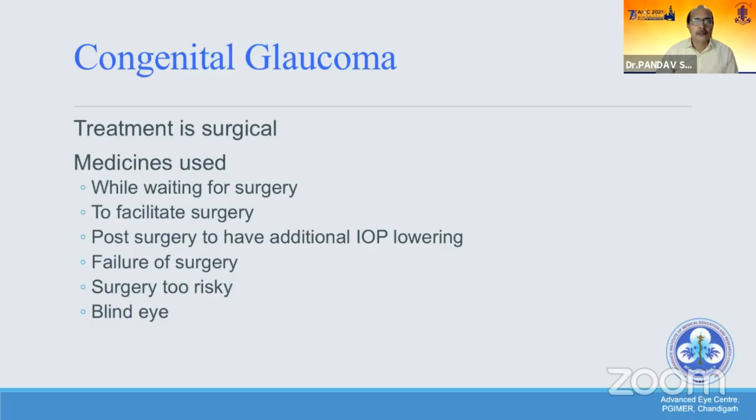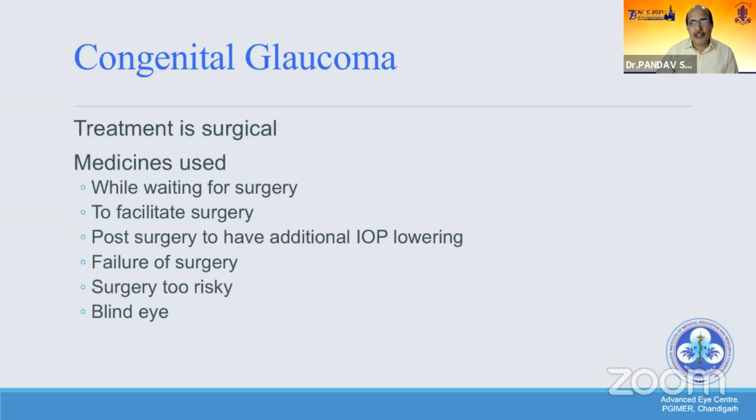So the medical options are only when you are waiting for the surgery, or somehow it's going to facilitate your surgery, like it clears up the cornea temporarily so that you can go in and do a definitive procedure. Or you could use it post-surgery, because if the IOP is still not controlled and you are planning to do something else, or adding 1 or 2 drugs if the pressure comes down to your target IOP somewhere around 15 millimeters of mercury.